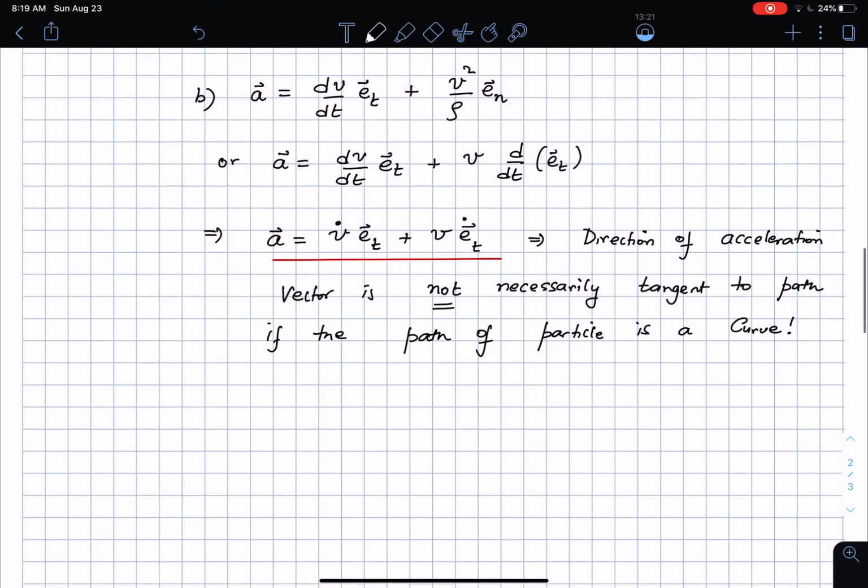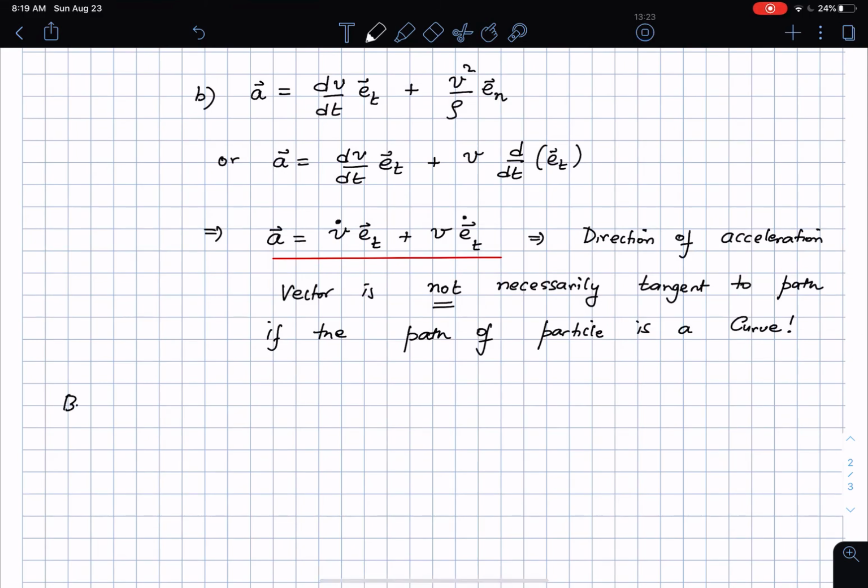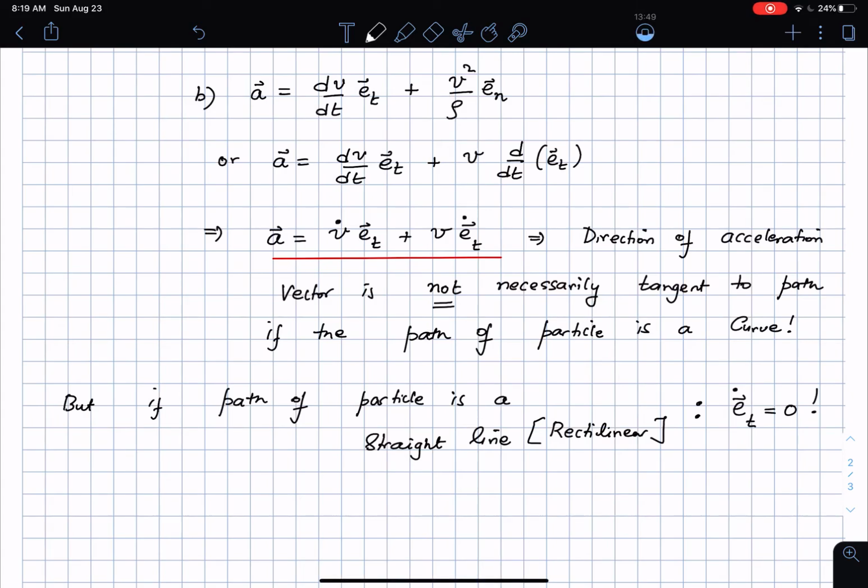But if the path of the particle is a straight line, or rectilinear, then I can say that e dot of t is equal to 0, because it is just traveling along a straight line, right?